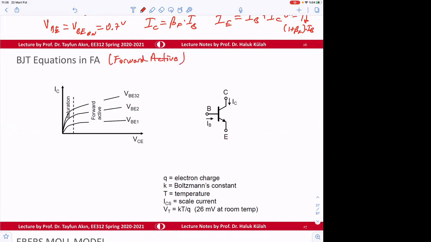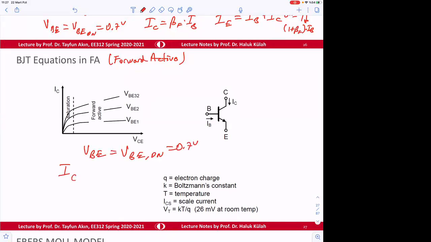In the forward active region, what is happening here, we just summarized. VB is going to be equal to VB on, which is 0.7 volts.